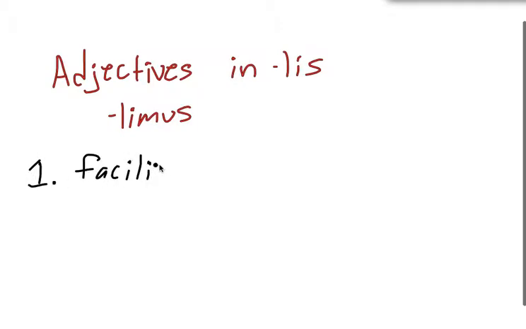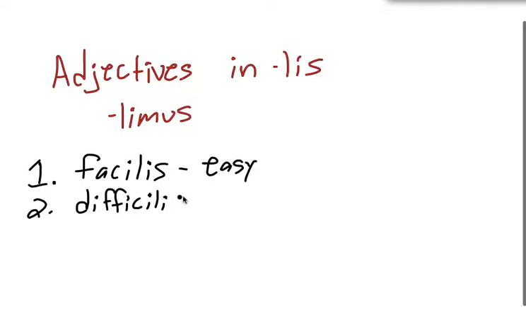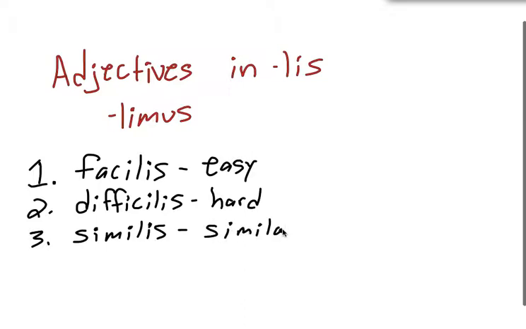And those adjectives are facilis, meaning easy, difficilis, meaning hard or difficult, okay, the opposite. Then we have similis, meaning similar, and its opposite, dissimilis, meaning different.